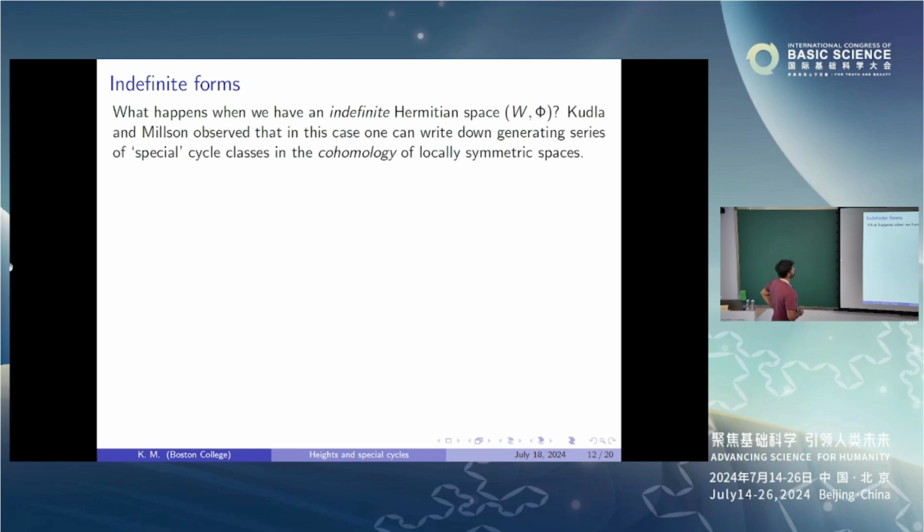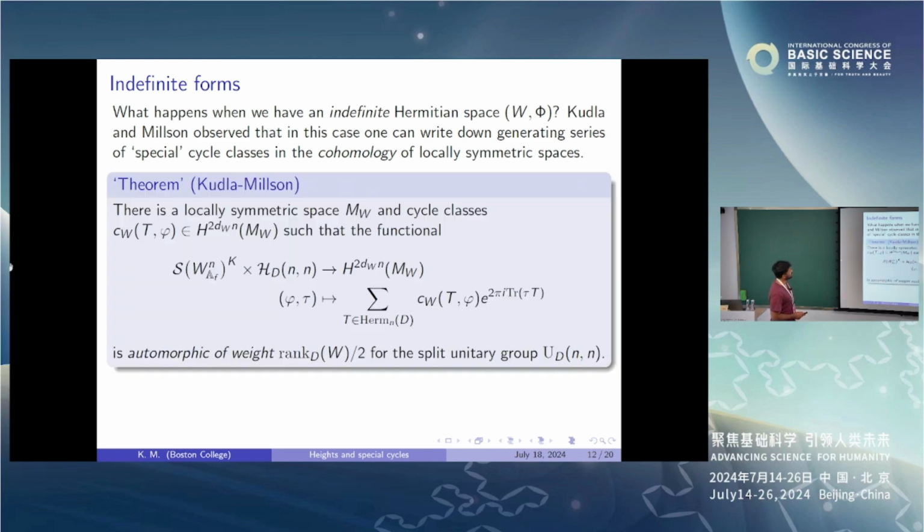In that case, there's a generalization of the Siegel-Weil formula in a representation theoretic direction. But for my purposes, what's more relevant is that Kudla and Milson observed, following the work of a lot of other people, but in this generality due to them, that it's possible to write down, instead of these representation numbers, cycle classes or cohomology classes on locally symmetric varieties.